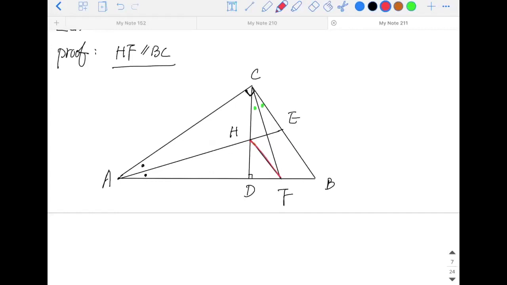Who can tell me how I can find a way? What is the breaking point, right? In order to prove HF is parallel to CB.